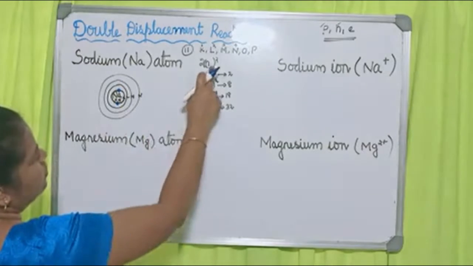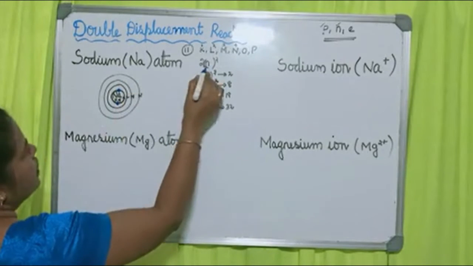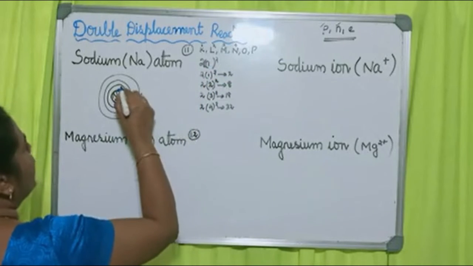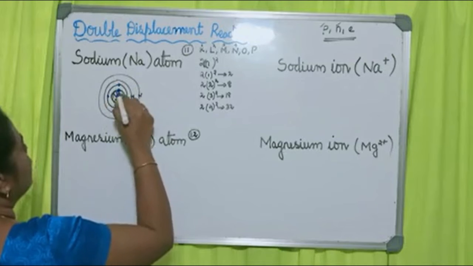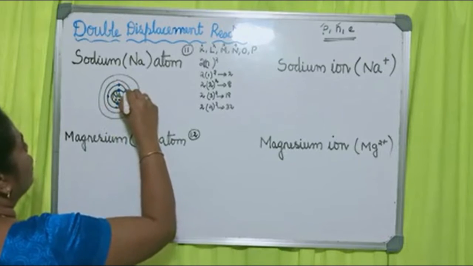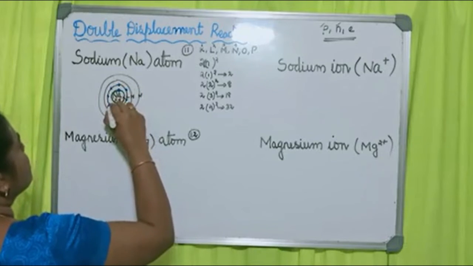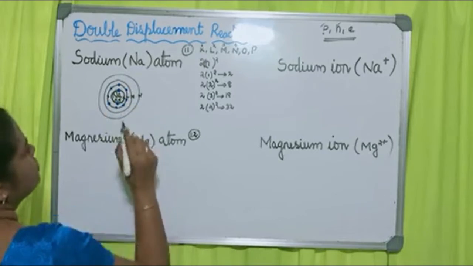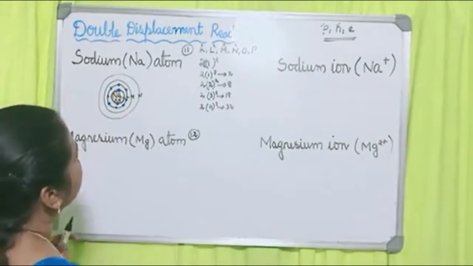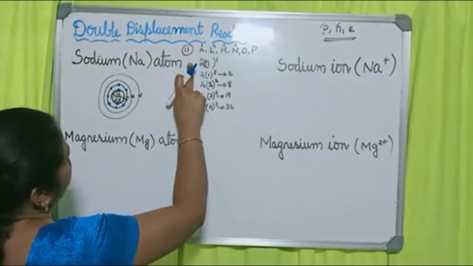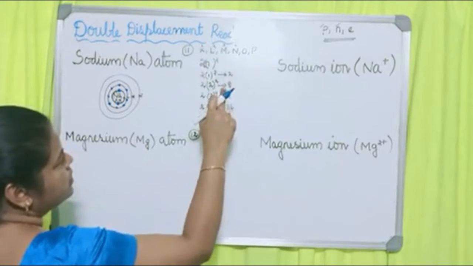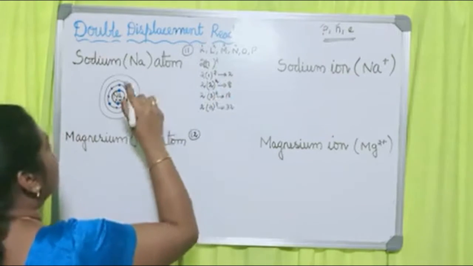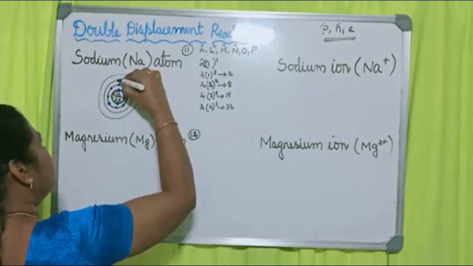In the second shell, how many? 8 electrons are there: 1, 2, 3, 4, 5, 6, 7, 8. Now, the atomic number of sodium is how many? 11. So 8 plus 2, 10. Only 1 is remaining. So in the next shell, I will be showing only 1.